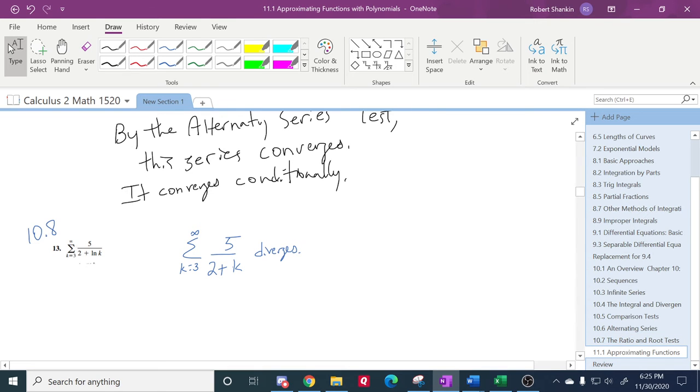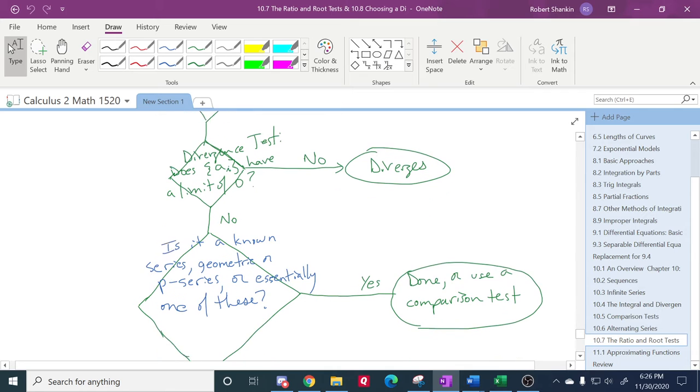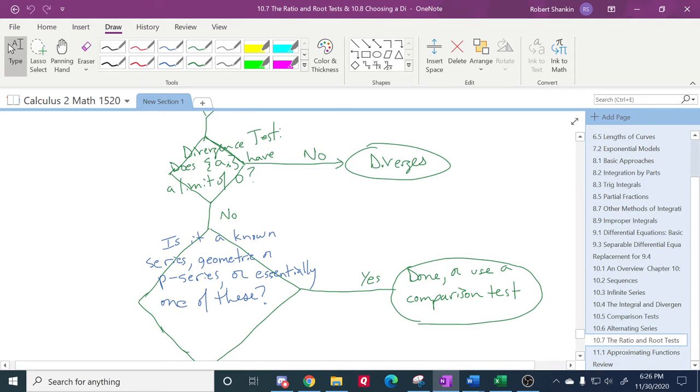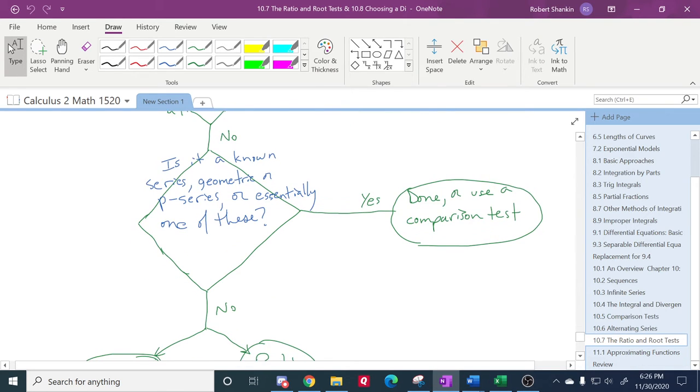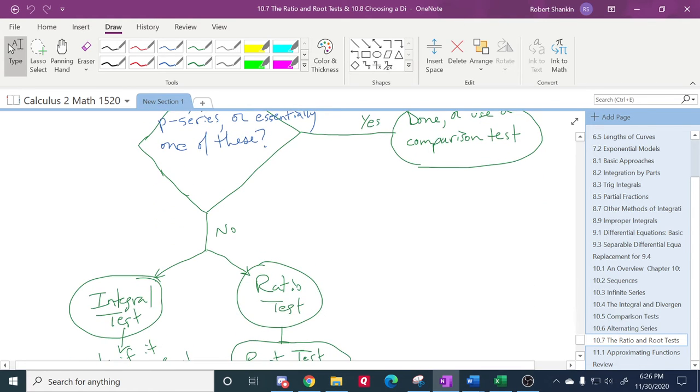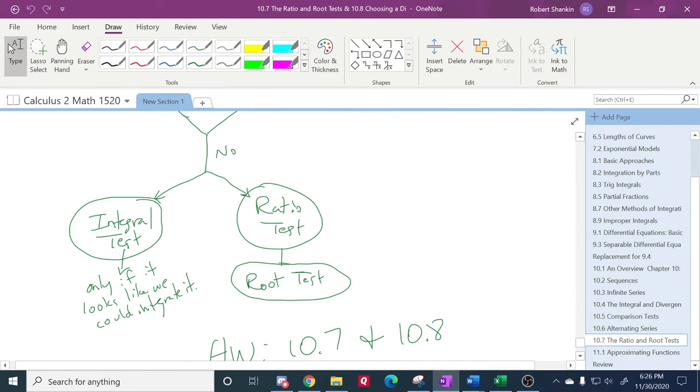Okay, and back to the flow chart. Is it a known series or essentially similar to one of these? We could possibly do a comparison test with the other one, or we can go integral test or ratio test, or root test.